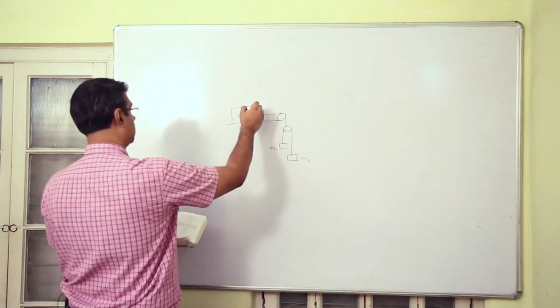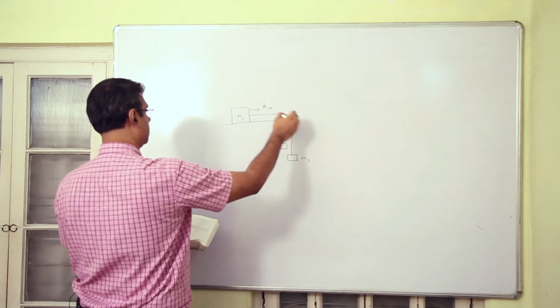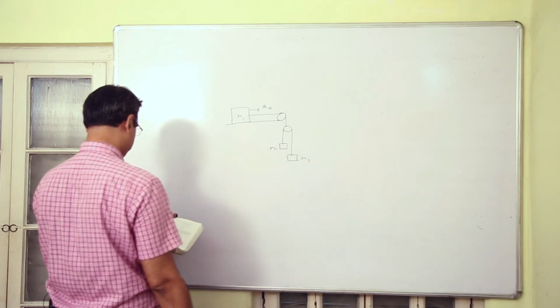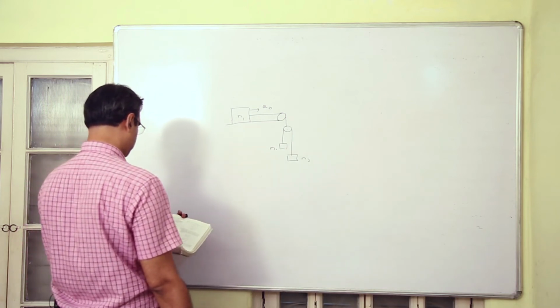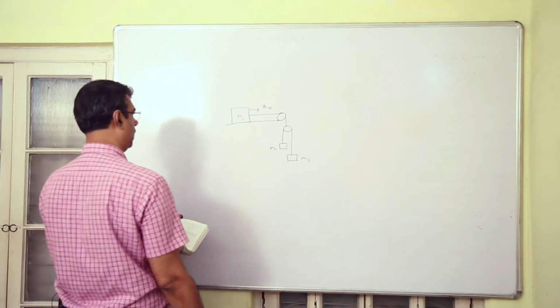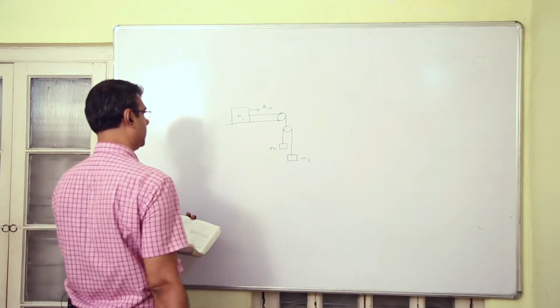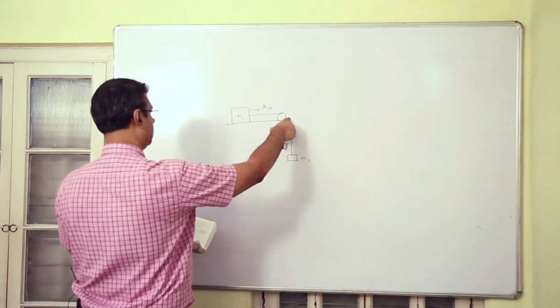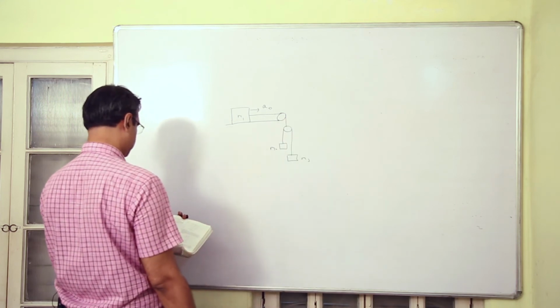First of all, this block will certainly go to the right. Suppose the acceleration of this block is equal to a0. Now if this block goes to the right with a0, then this string will go down with an acceleration of a0.